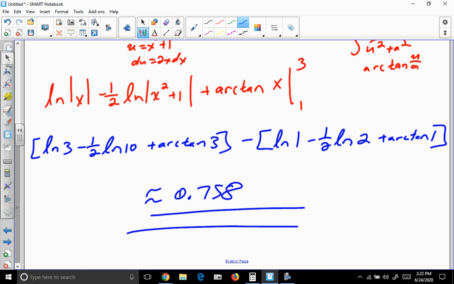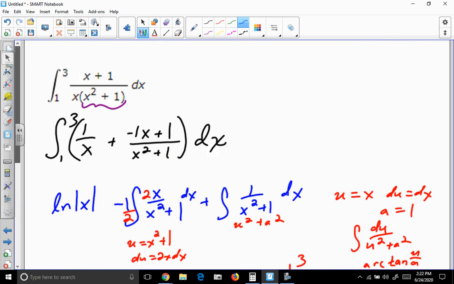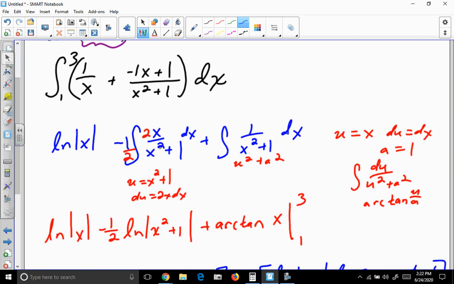So again, the biggest thing here, well, several big things, is first of all, how do we break that apart? Something over x, something over x squared plus 1. Once we decompose that, then we have to recognize how we're going to integrate that. Two terms on top, put each term over the denominator.